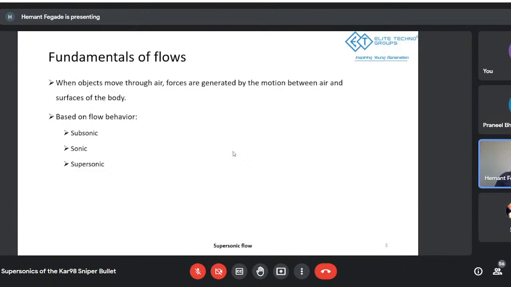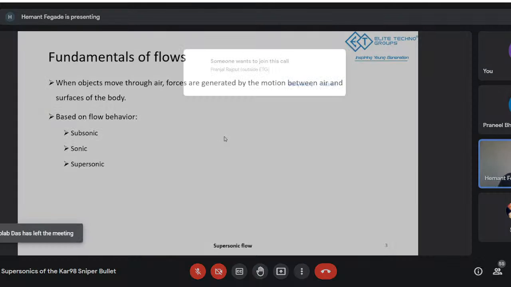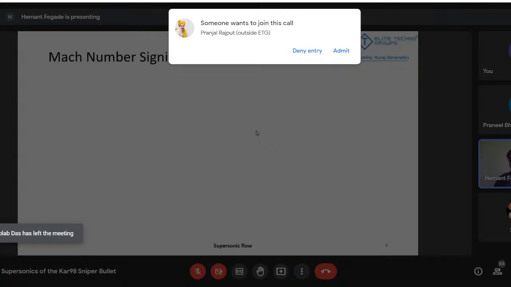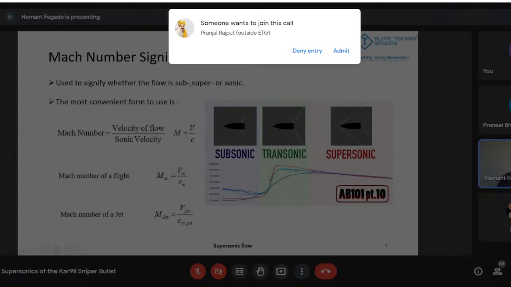But what goes in depth, like how do you classify a flow being subsonic, sonic, or supersonic? So we have the Mach number for that. Mach number is essentially the velocity of the flow at which you are moving divided by the sonic velocity.